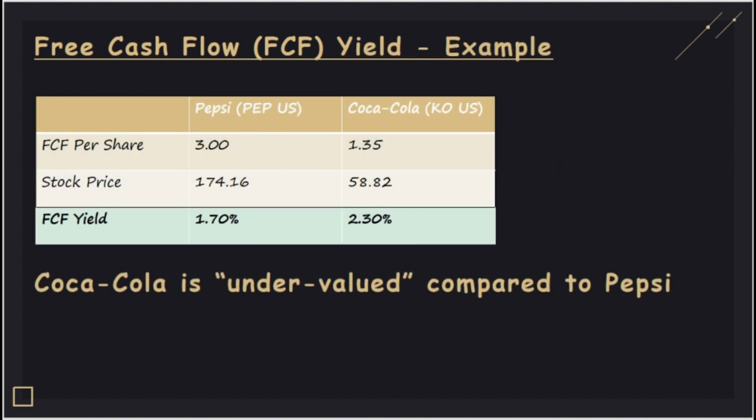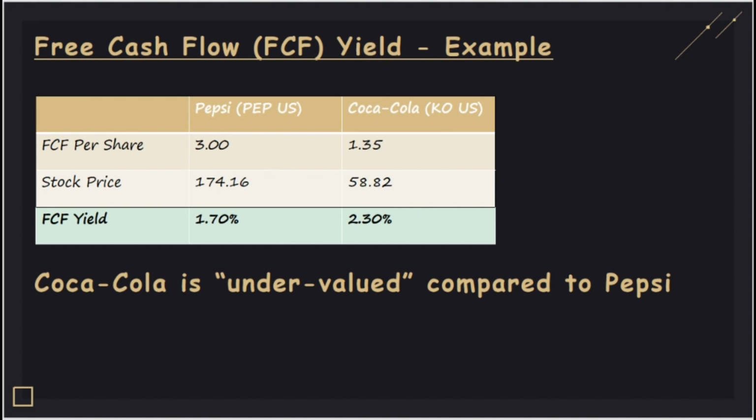Again, the Pepsi versus Coca-Cola example. Currently, Pepsi's free cash flow per share is $3 with the stock trading at 174.16. So its free cash flow yield, using the free cash flow per share divided by the stock price, equals 1.7%, while for Coca-Cola the free cash flow yield is 2.3% from the same calculation, which is higher than Pepsi's figure.